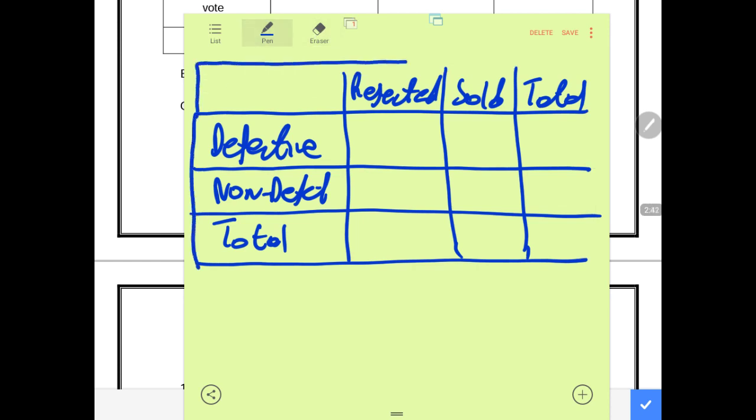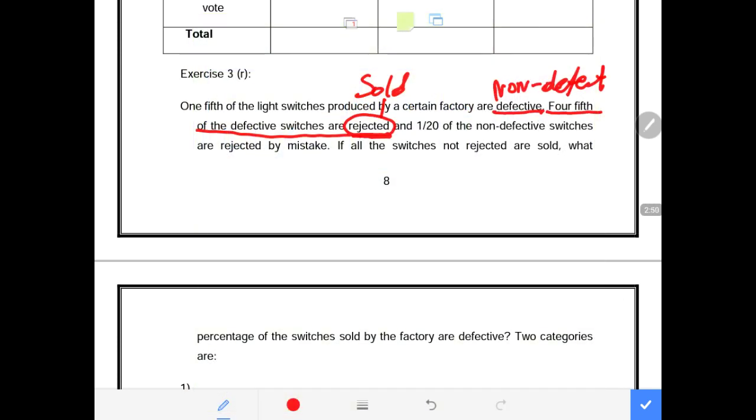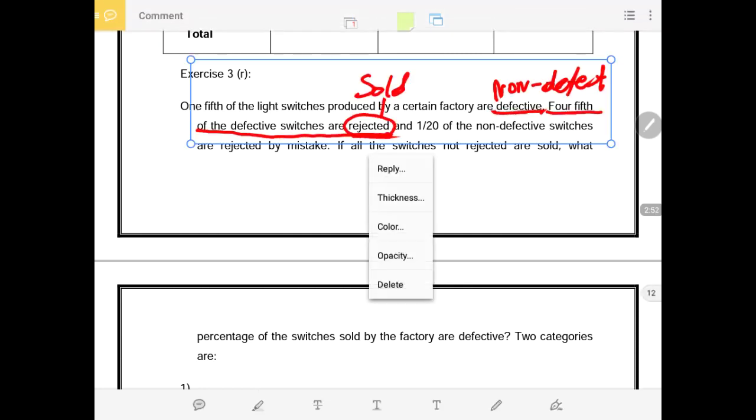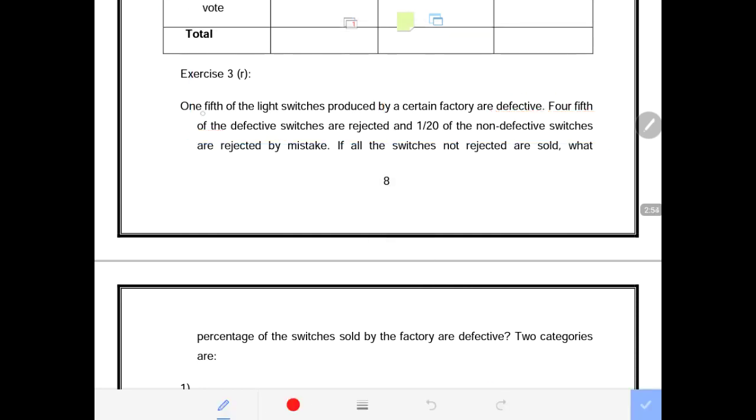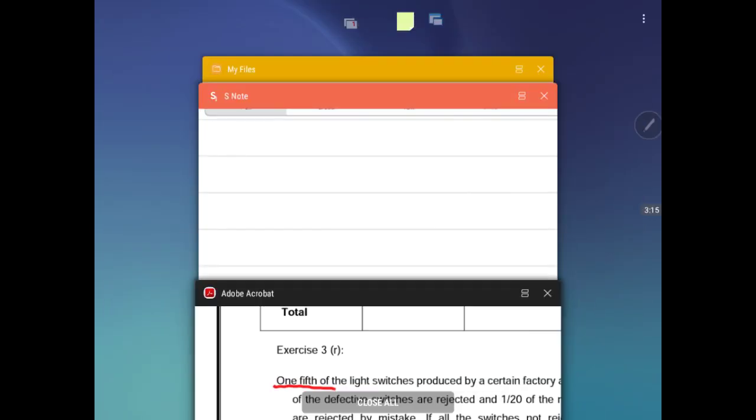Now, we are told that some of the light switches are defective. They said 1/5 of the light switches, remember 1/5 is 1 over x, where x represents the number of these switches. 1/5 of the light switches produced by a certain factory are defective.